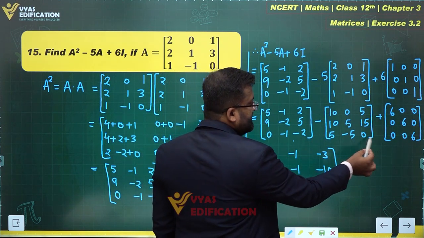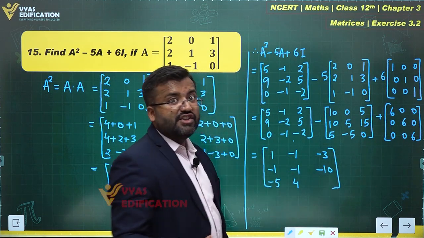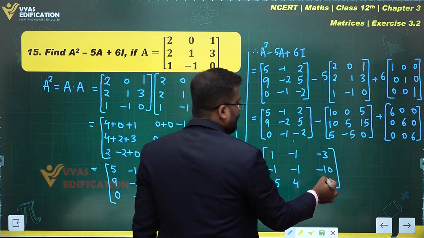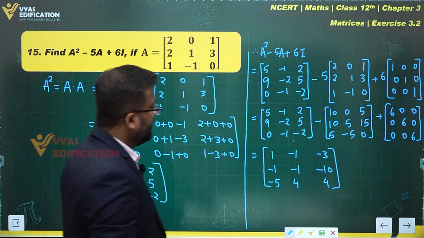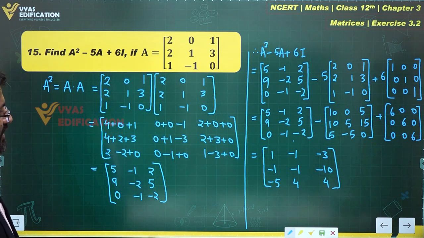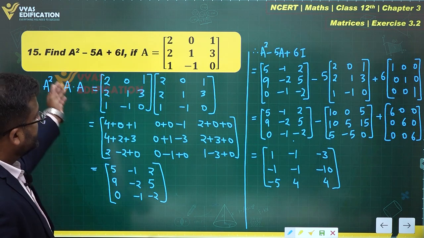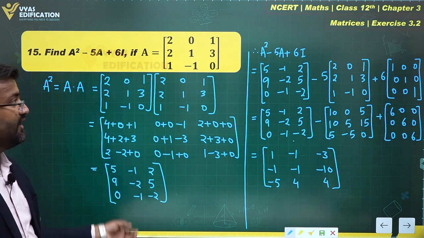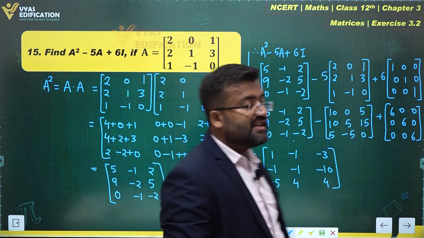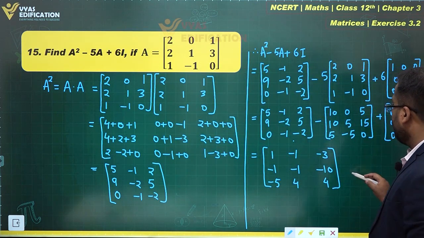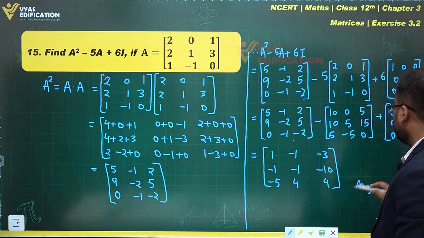Minus 2 minus 0 plus 6, minus 2 plus 6 is 4. So we get 1, minus 1, minus 3, minus 1, minus 1, minus 10, minus 5, 4, 4. This is the final value of the expression A squared minus 5A plus 6I. That is the answer for this question.